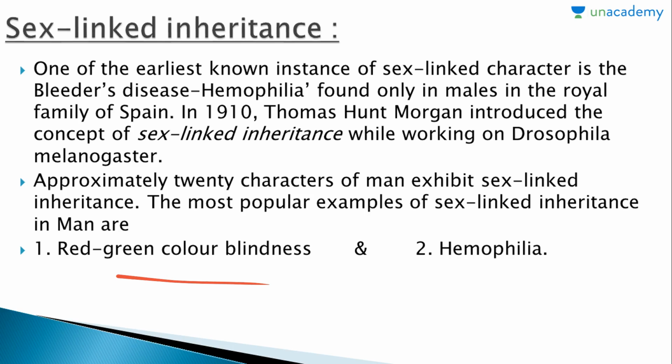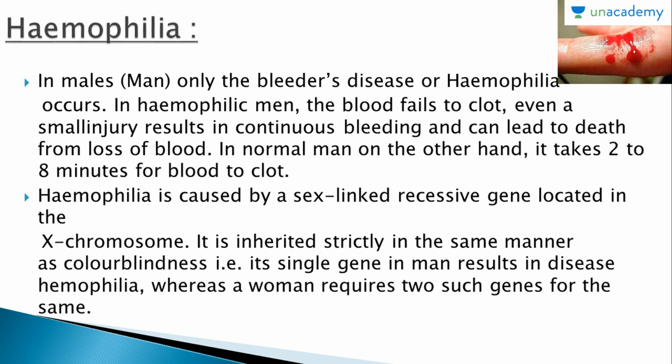Hemophilia, the bleeder's disease, occurs in males, that is, men only. In hemophilic men, the blood fails to clot. Even a small injury results in continuous bleeding, and it can lead to death from the loss of blood. So you must remember two things: firstly, it occurs in men only, and secondly, the blood fails to clot in this disease.